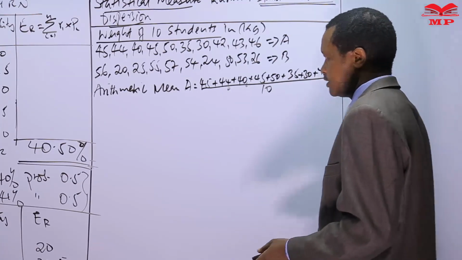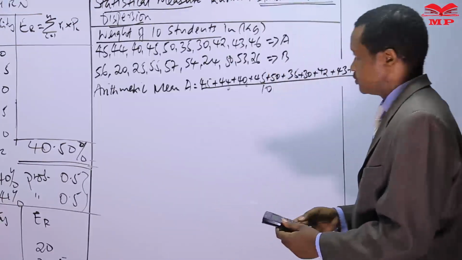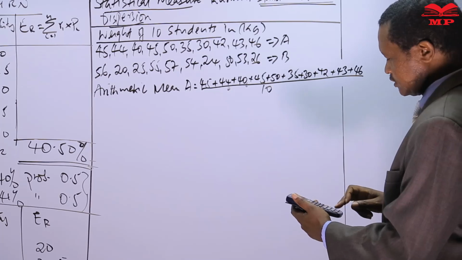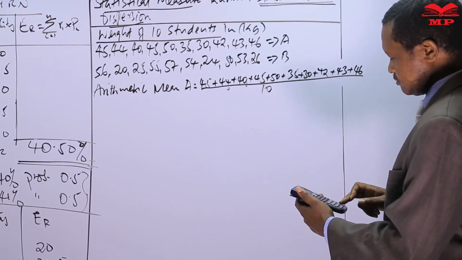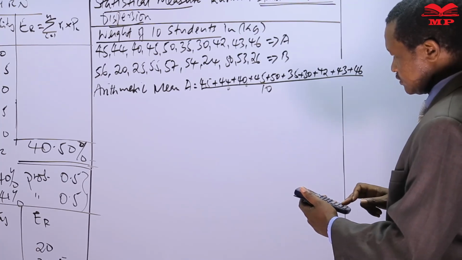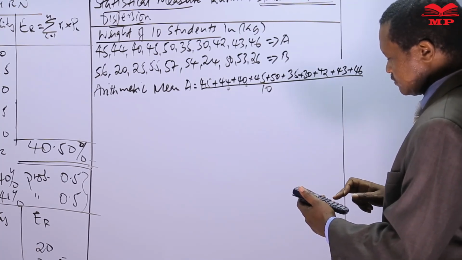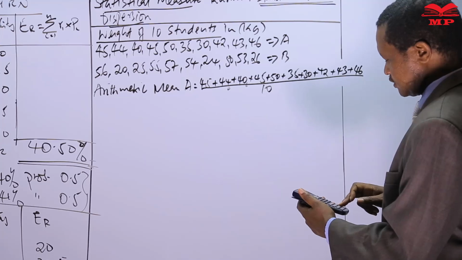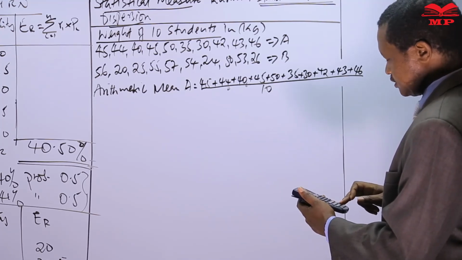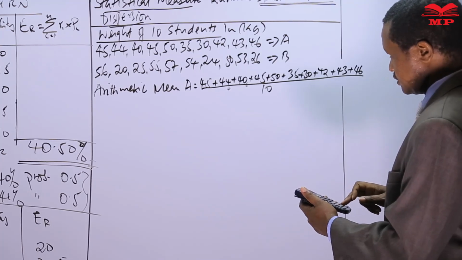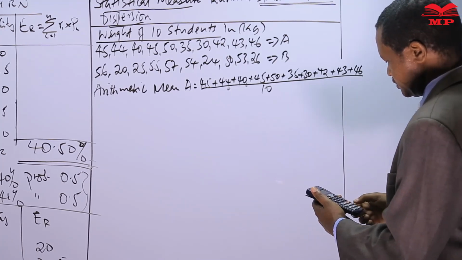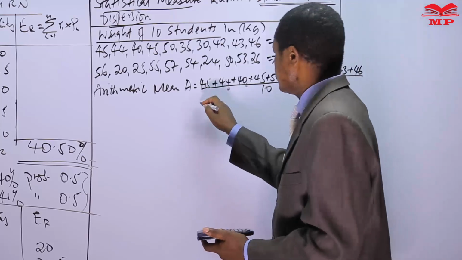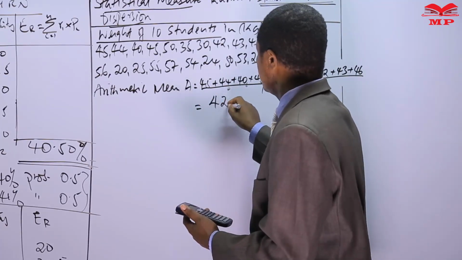That will give us the arithmetic mean. The mean here is 42 kilograms.